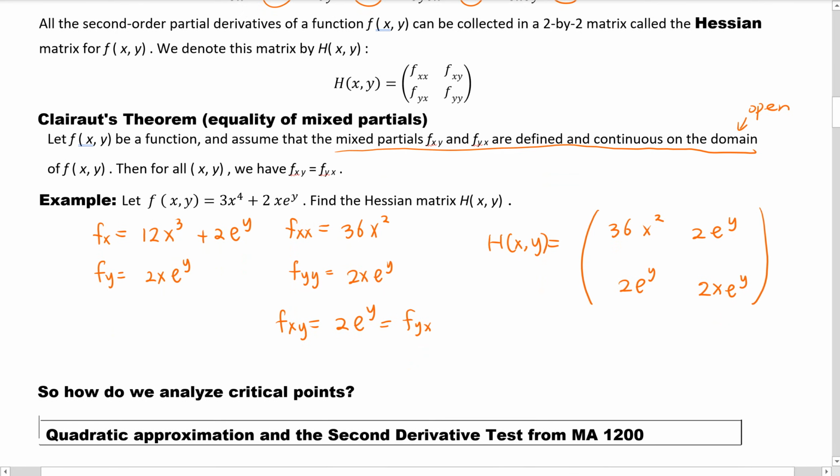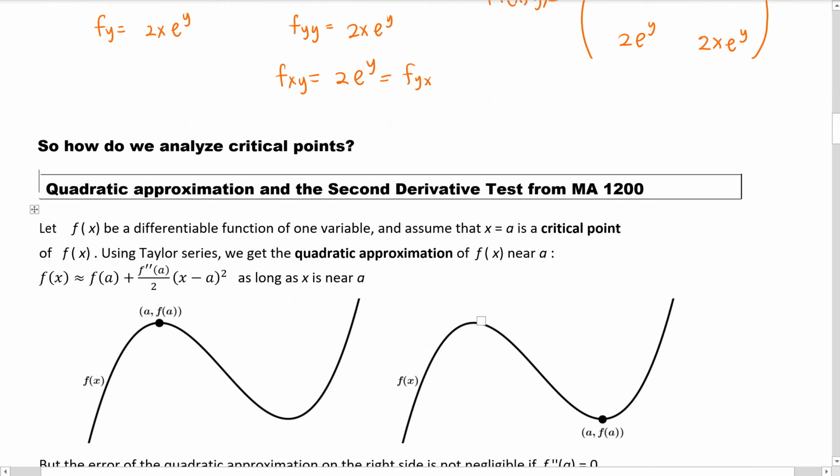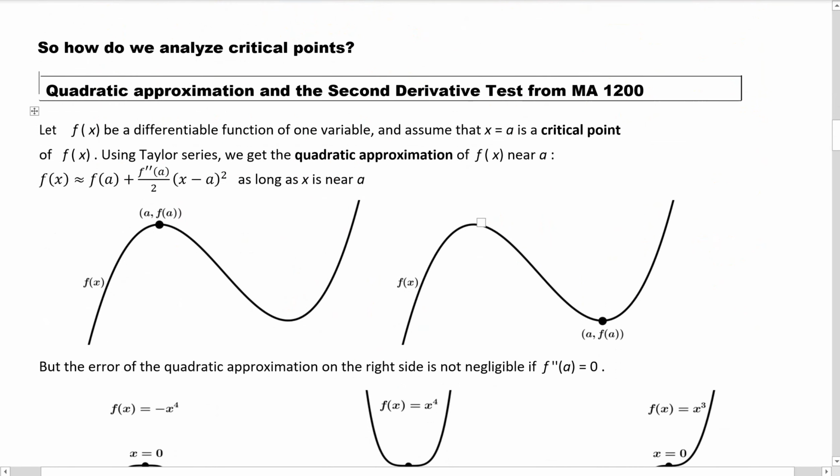Okay, how do we analyze critical points? Let's recall some quadratic approximation and the second derivative test from Cal 1 and Cal 2. In Cal 2, we talk about the Taylor polynomial of degree n. So instead of just linear approximation, we can have quadratic approximation.